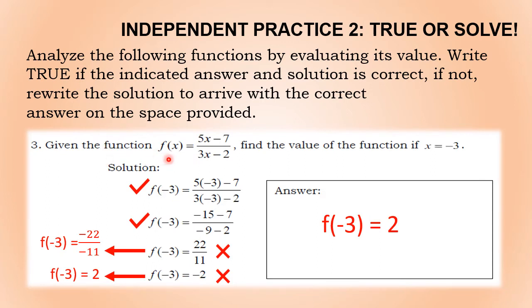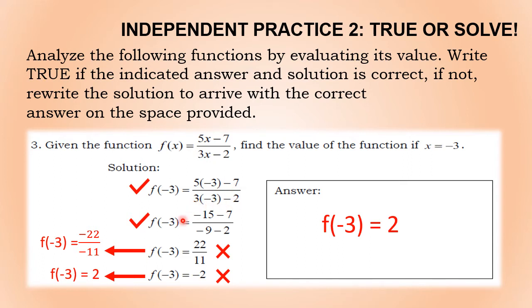Given the function f of x is equal to 5x minus 7 over 3x minus 2, find the value of the function if x is equal to negative 3. So let's check the solution. We replace all x with negative 3. So f of negative 3 is equal to 5 times negative 3 minus 7 over 3 times negative 3 minus 2.